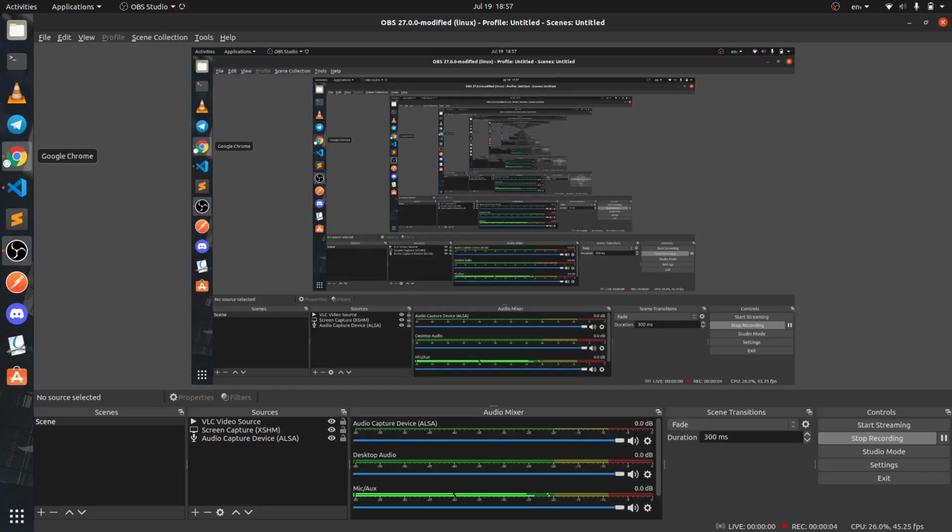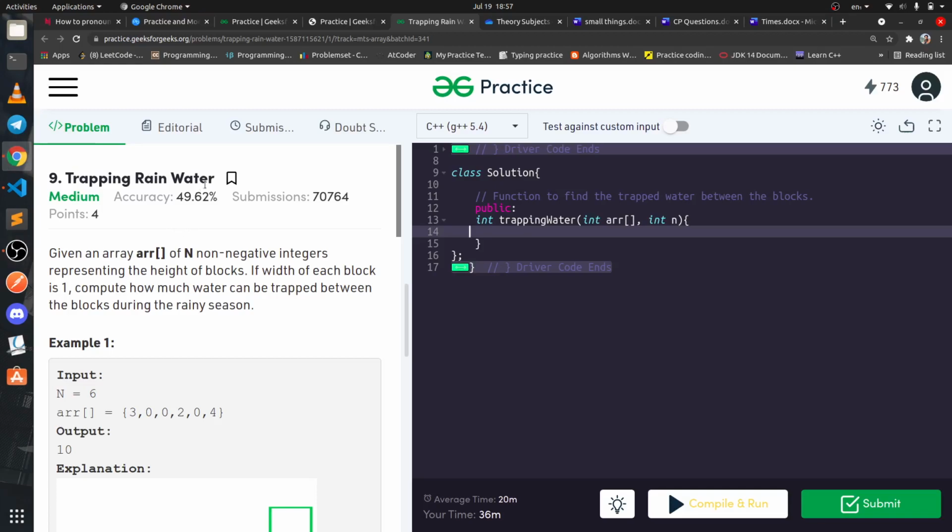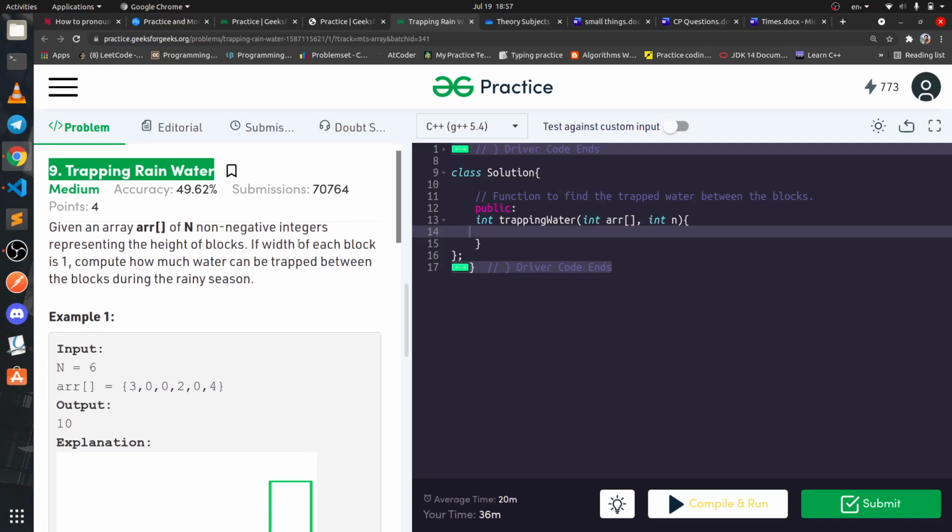Know your algorithms. Today we are going to see this trapping rain water problem from Geeks for Geeks. The problem says that you are given n non-negative integers representing the heights of blocks, and the width of each block is 1.